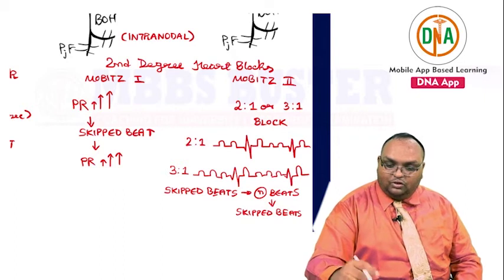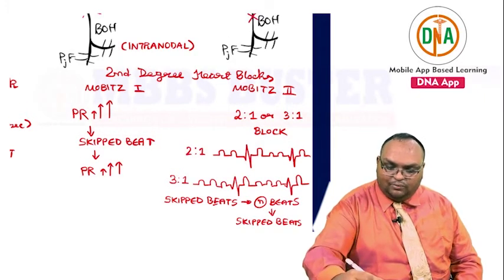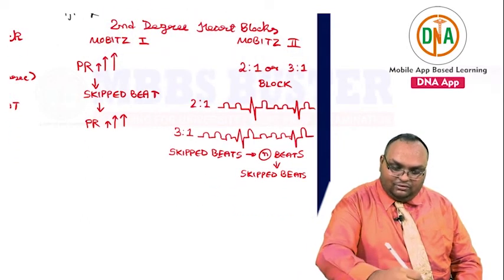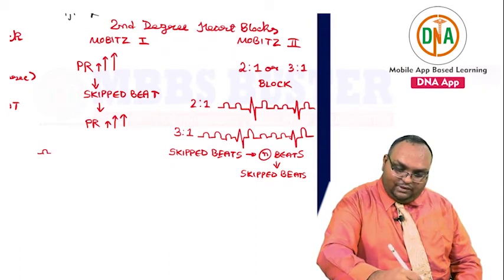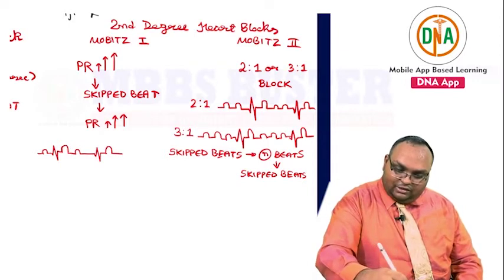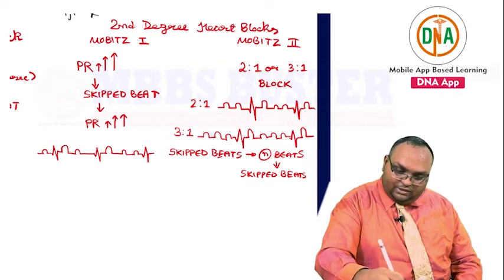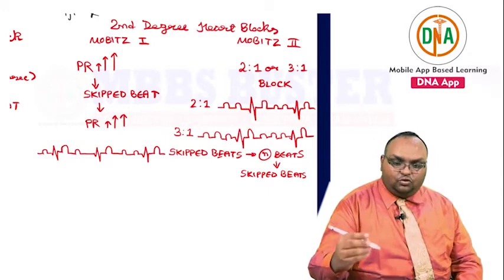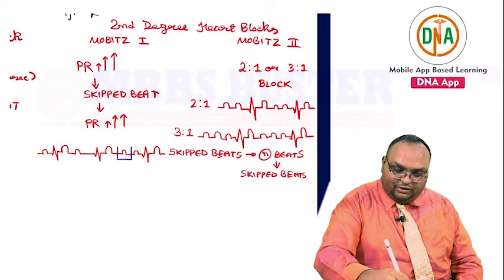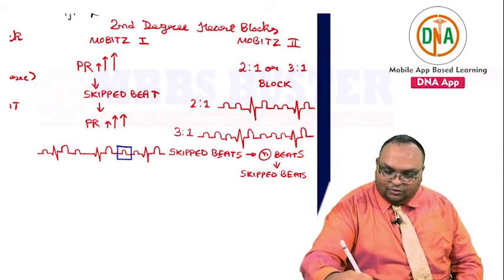So, if you would just look into one skipped beat, suppose this one, and if I draw the ECG for this as well to make your concept easier, P, QRS, T, then P, QRS, T, then just a P, then again P, QRS, T. I just kept it down to 2 to not make it complicated, but the point over here which I am trying to make, if you just look at this skipped beat over here and you look at this skipped beat, it's easier to understand over here.